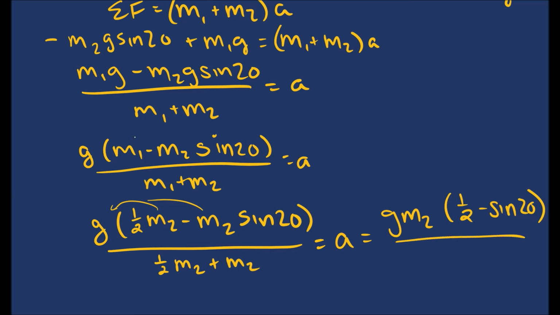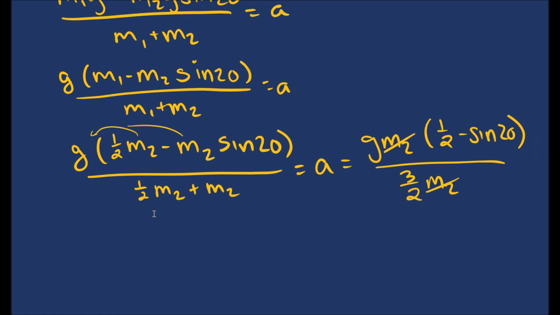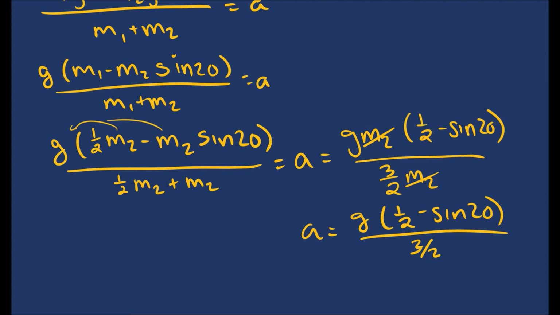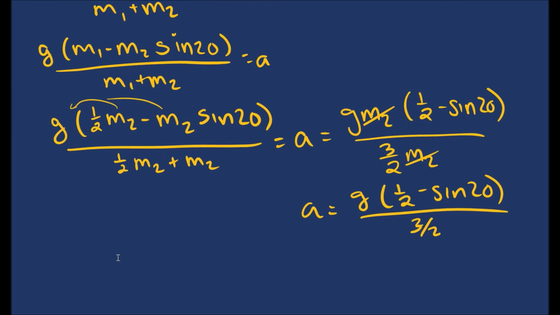Then 1/2 m2 plus m2 is like 1/2 m2 plus 2/2 m2, so we get 3/2 m2. Check this out, the m2 cancels. So the acceleration equals g times 1/2 minus sine of 20, over 3/2. That just becomes a number.